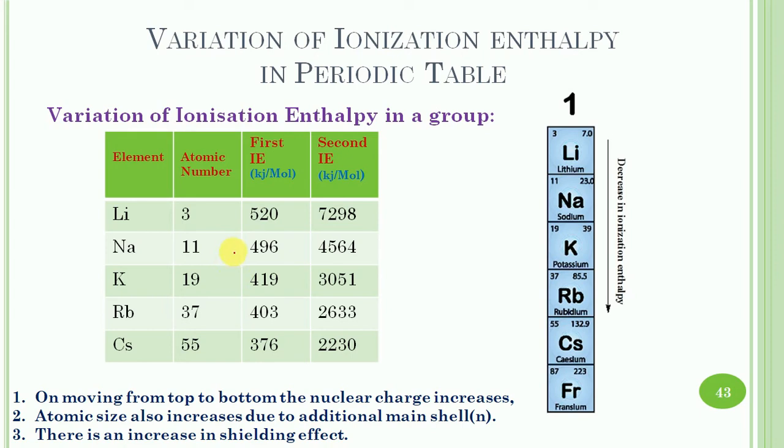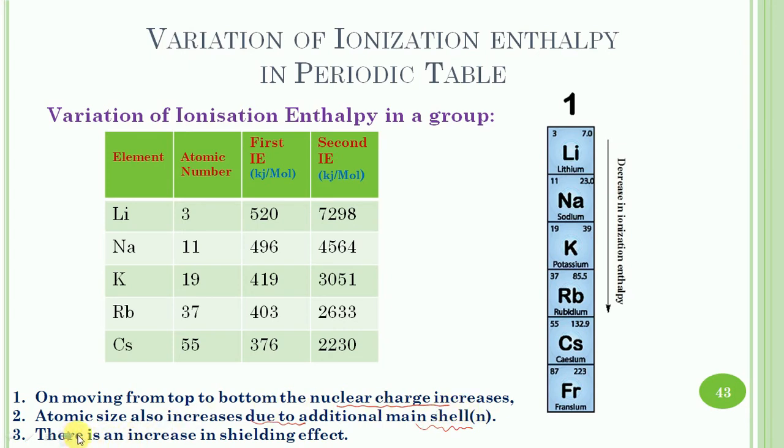The first one, in going from top to bottom in a group, the nuclear charge increases. Second, there is a gradual increase in atomic size due to the addition of principal quantum number or addition of a main shell.